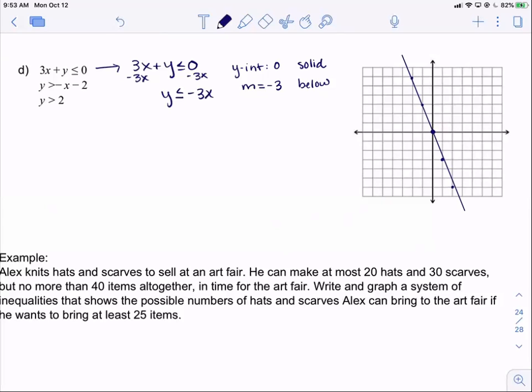And if we're shading below on this one, is that to the left or the right of the line? Oh, sorry, below. So below would be left. All right. Questions with the first line?